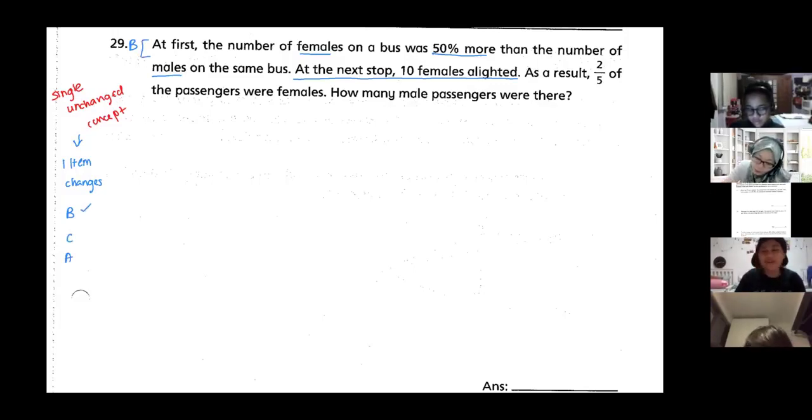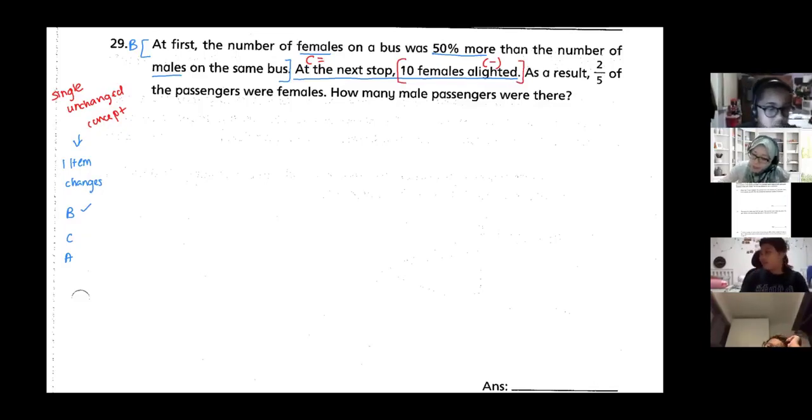Then where is the change? The change is at the next stop, 10 females alighted. Alighted means they went off the bus, which means minus 10 females. This is my change, the one in the red bracket.